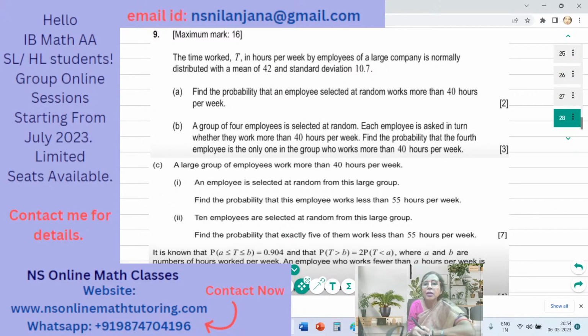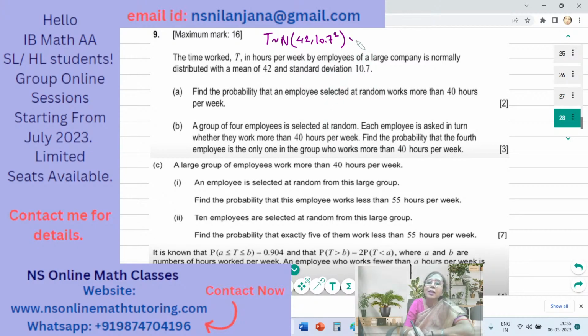Okay, so T is a normal distribution variable with mean as 42 and the variance will be 10.7 squared. Variance is standard deviation squared, so it's this.